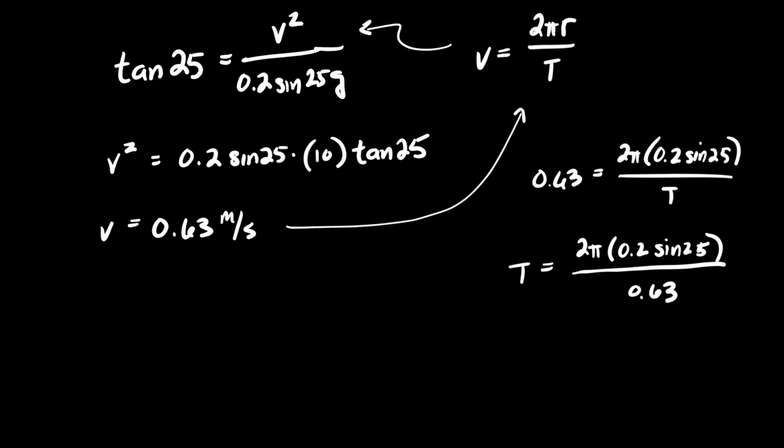All right, just math, right? You got to do all the math stuff now. So divided by 2, divided by 3.14159, divided by 0.2, divided by sine 25. I got my answer. I'll wait for you guys to get yours.